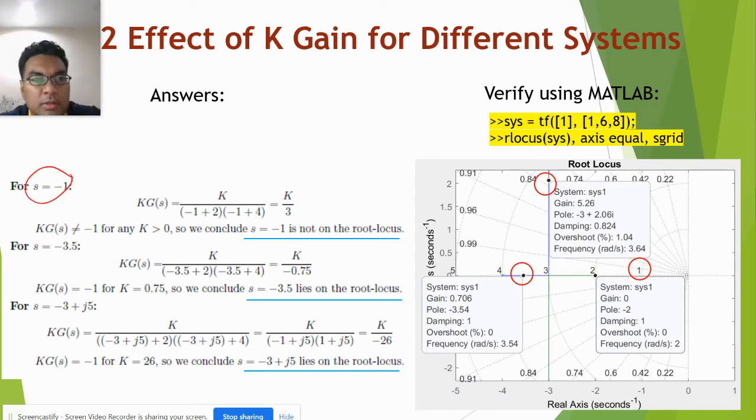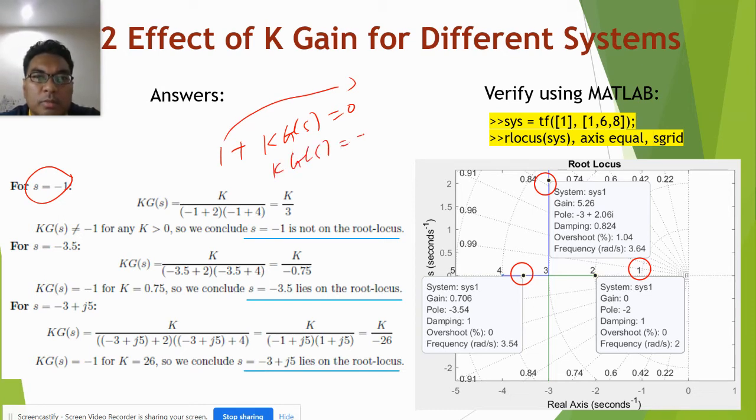Previously you got the equation 1 plus kG(s) equal to 0. So you move the 1 over, so that kG(s) equals -1. If any value of k that you replace can give a result of -1, then that s value is on the root locus. Clear?